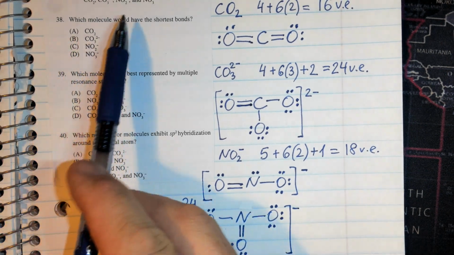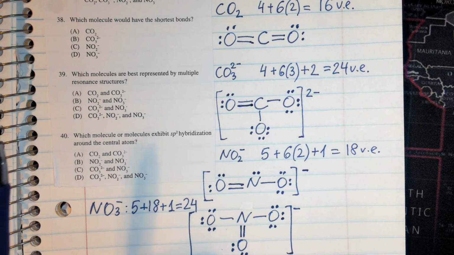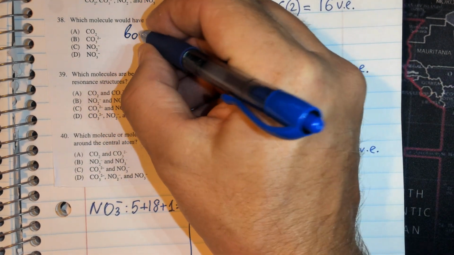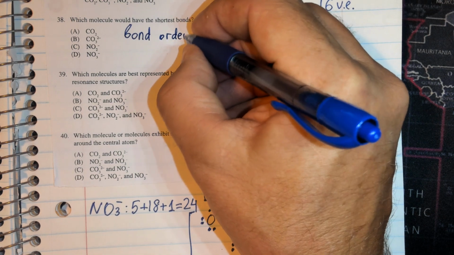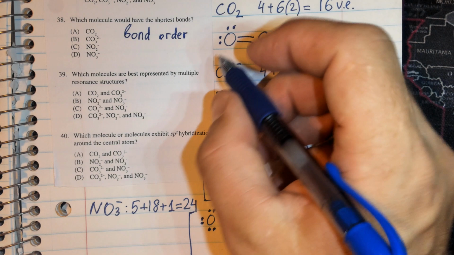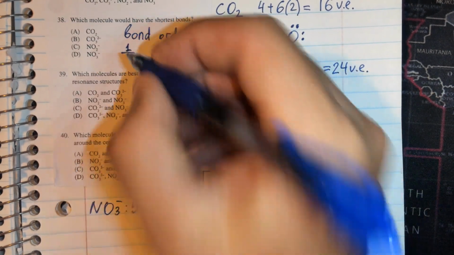Which molecule has the shortest bonds? Okay, the rule is that the higher the bond order, the shorter the bond. So we're going to have to consider bond order here. The bond order is lowest for single bonds, that's bond order 1.